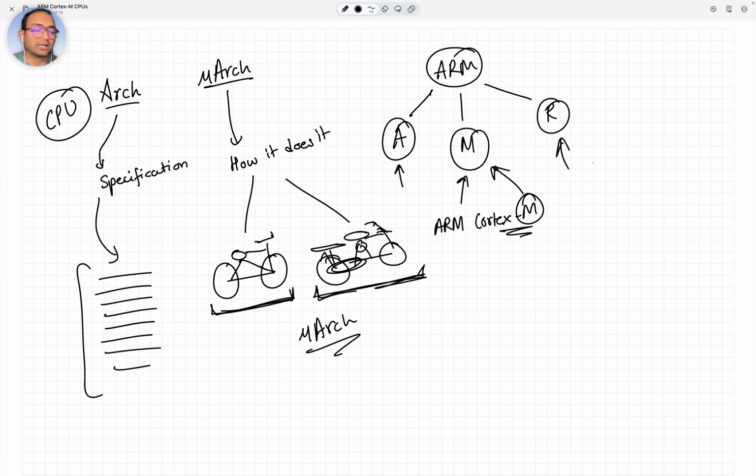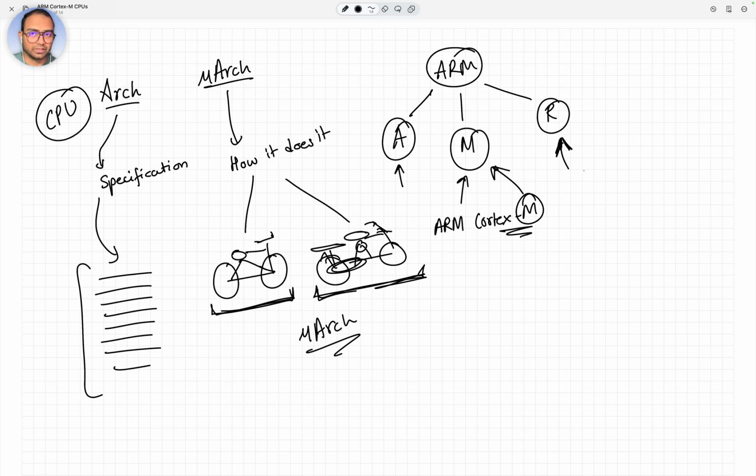Then there are R-class CPUs, or controllers also, but CPUs. The R-class CPUs are essentially for real-time applications. Real-time applications would be things like transferring a packet deterministically in a given time by a network router. A network switch might have these. The control system for a car engine might have these, because the firing rate has to be deterministic. Real time doesn't mean as it's happening now, close to analog.